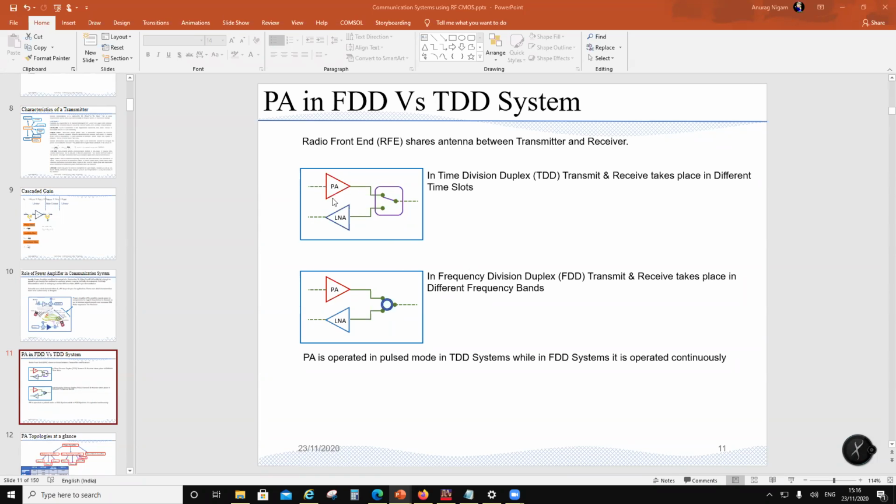Bypass caps are supposed to be smaller on a TDD system PA, while they can be larger on an FDD system. So there is a settling time involved in a TDD system which is not there in an FDD system. This is a basic difference between the two when you design.